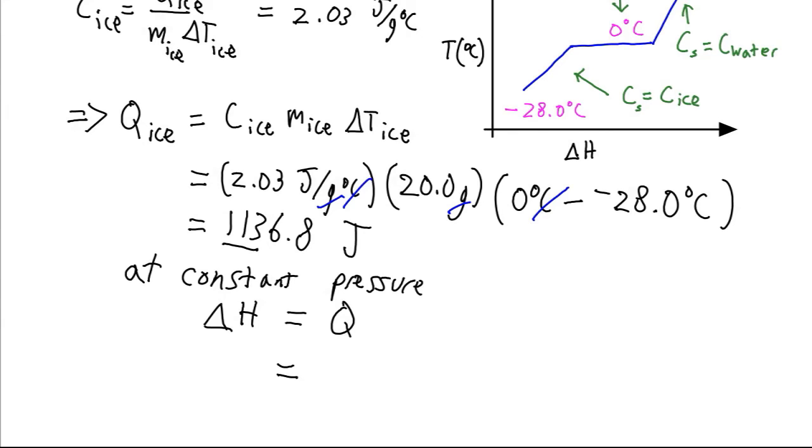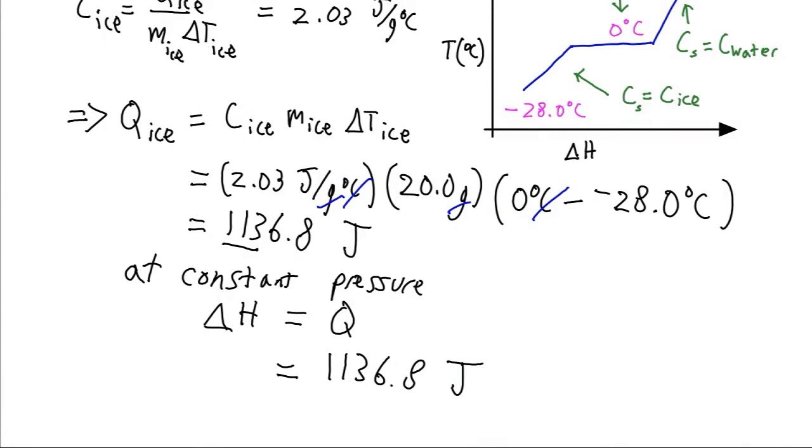So that makes delta H really easy to find now. It's just going to be equal to 1,136.8. And again, I probably could have rounded that to 1,140. But it's usually better if you wait till the very end to do your rounding. That way you don't pick up too much error from the rounding.